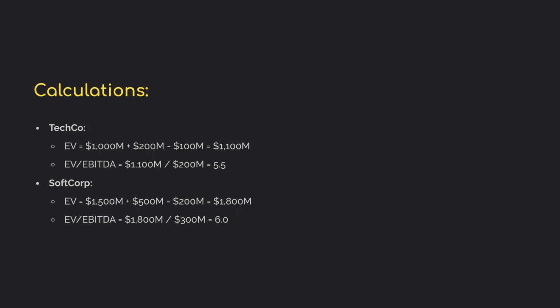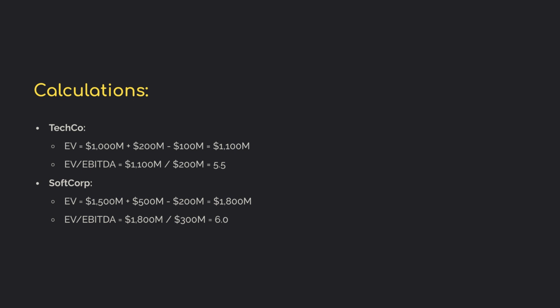Calculations. TechCo, EV equals $1 billion plus $200 million minus $100 million equals $1,100 million. EV over EBITDA equals $1,100 million over $200 million equals 5.5.